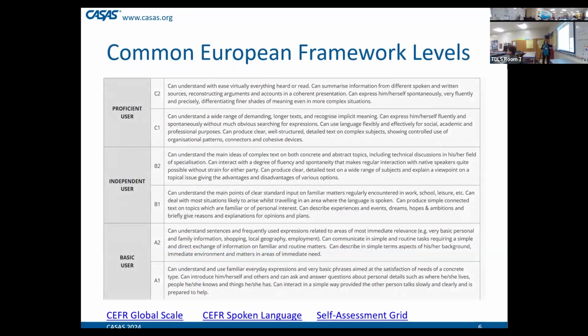So when you get the slides, the Common European Framework is here. It looks similar to our 6 levels of college and career readiness standards, right? A1 is: can understand and use familiar everyday expressions and very basic phrases aimed at satisfaction of needs of a concrete type, can introduce him or herself and others and ask and answer questions about personal details such as where she lives, can interact in a simple way provided the other person talks slowly and clearly and is prepared to help.